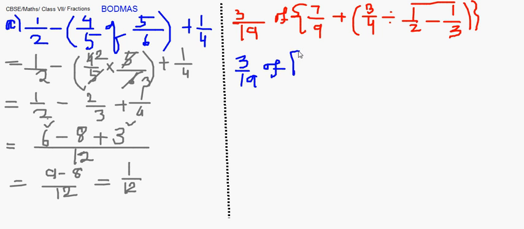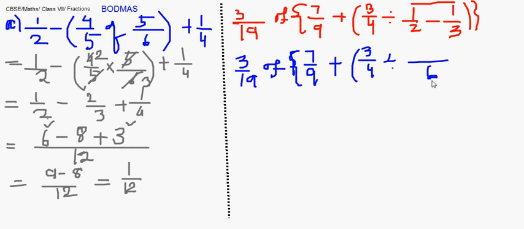Then you have the second bracket with 7 by 9 plus 3 by 4. Let the division be as it is. We have to solve this first. LCM of 2 and 3 will be 6.